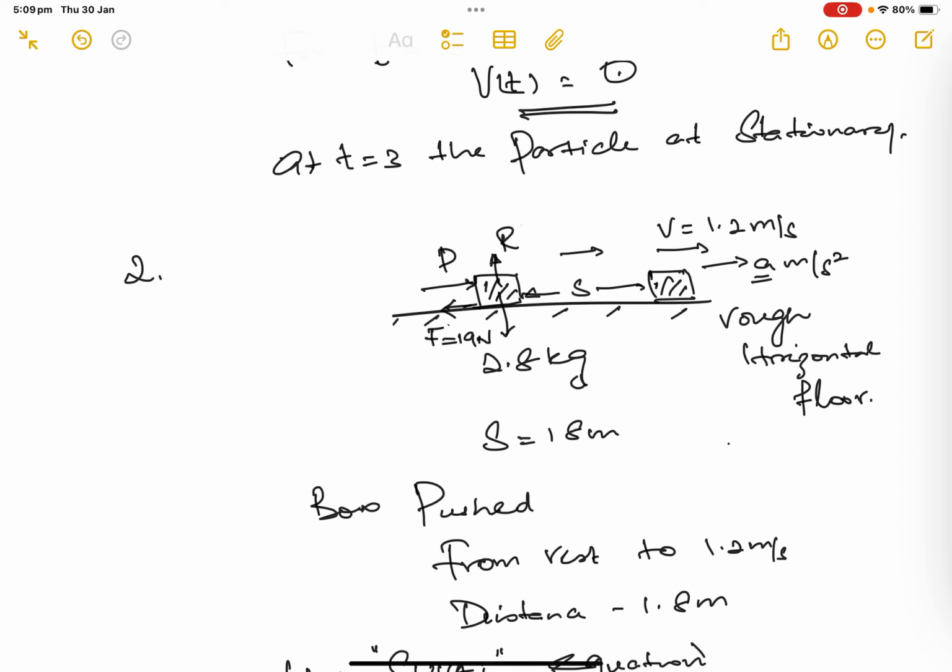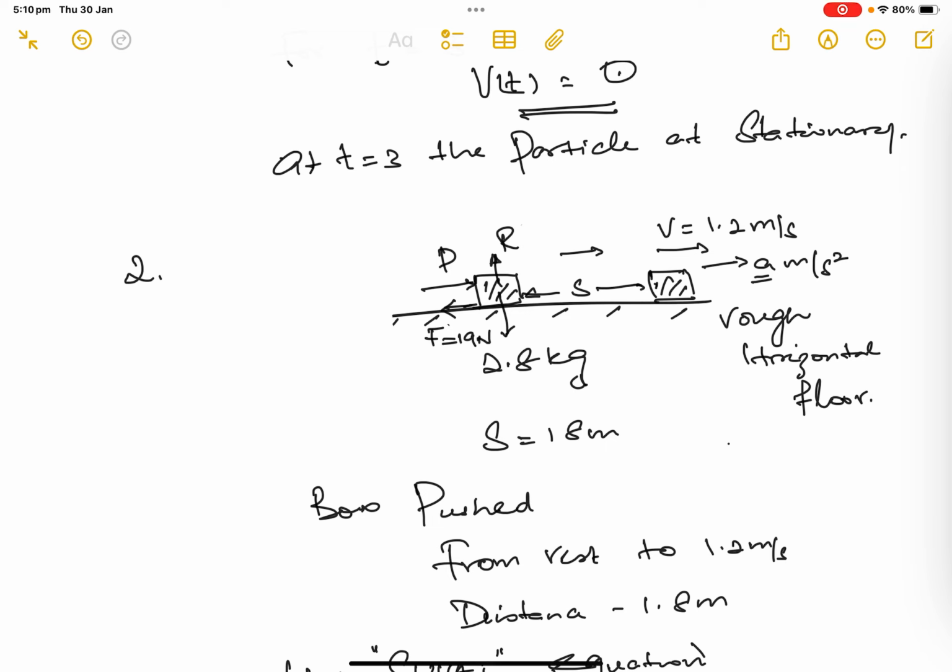The vertical force from the floor is R, the floor reaction, and the horizontal friction is given, just noted as F equals 19 N. Rory pushes from left to right.